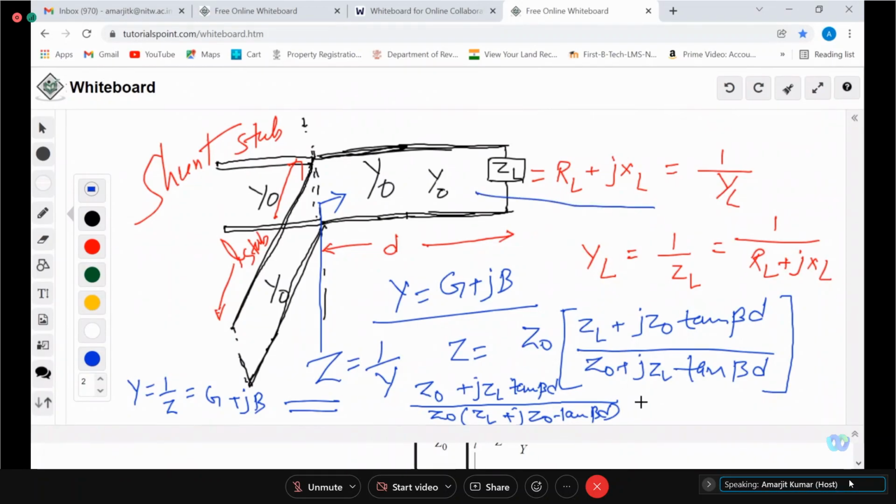So if you write that, then what will it become? Put ZL is equal to RL plus jXL, so here RL plus jXL, and here also RL plus jXL.